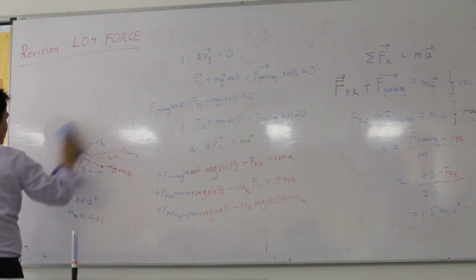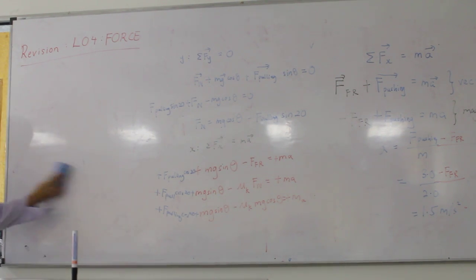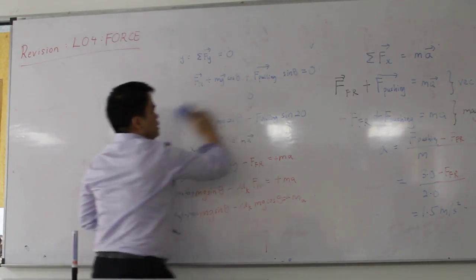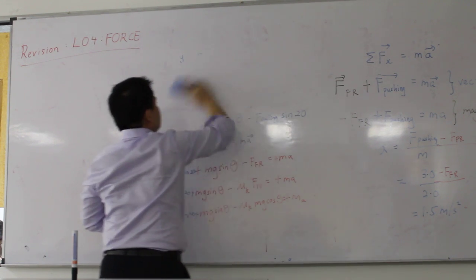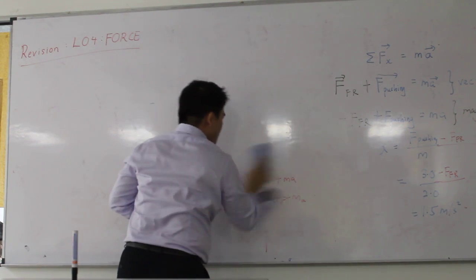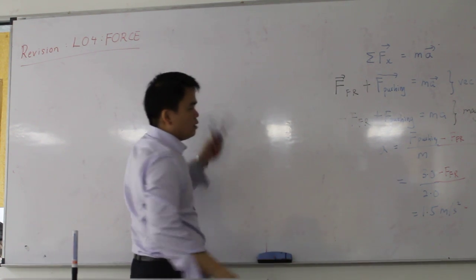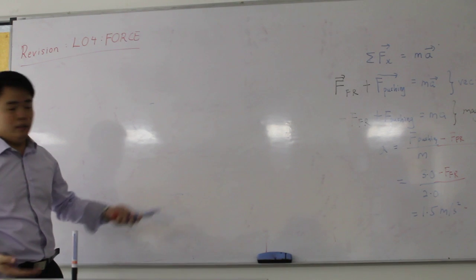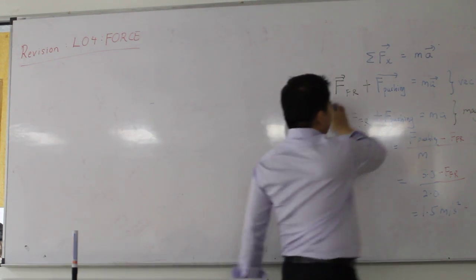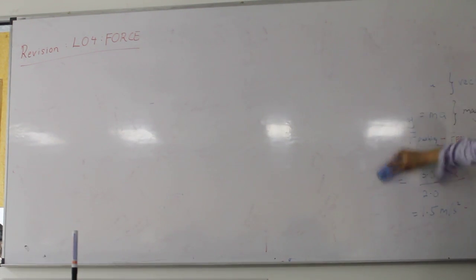Whenever it involves tension, I think students are quite confused, so it's better I give you some examples. Bear in mind, this chapter is all about forces and also Newton's law, and in terms of calculation, we involve a lot of vectors. So please study vectors well, so that you can score in this part.